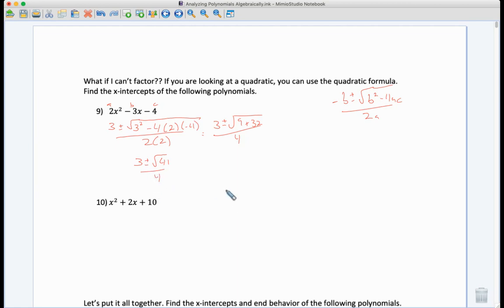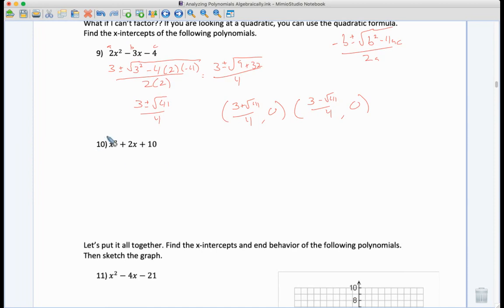These are my two solutions here. Unfortunately, there's nothing we can do to simplify the square root of 41. So for our solution, we'll just say that the first x-intercept is going to be 3 plus the square root of 41 over 4, comma 0. And my second one will be 3 minus the square root of 41 over 4, comma 0.